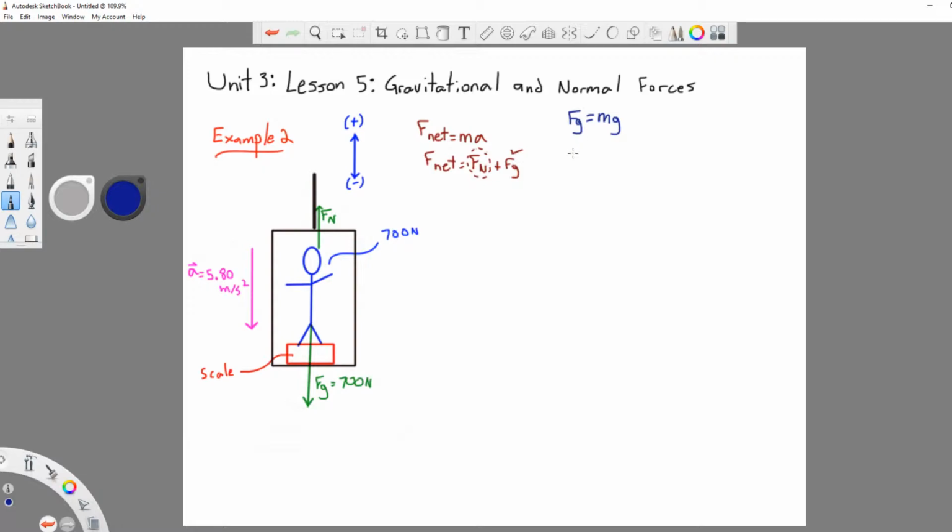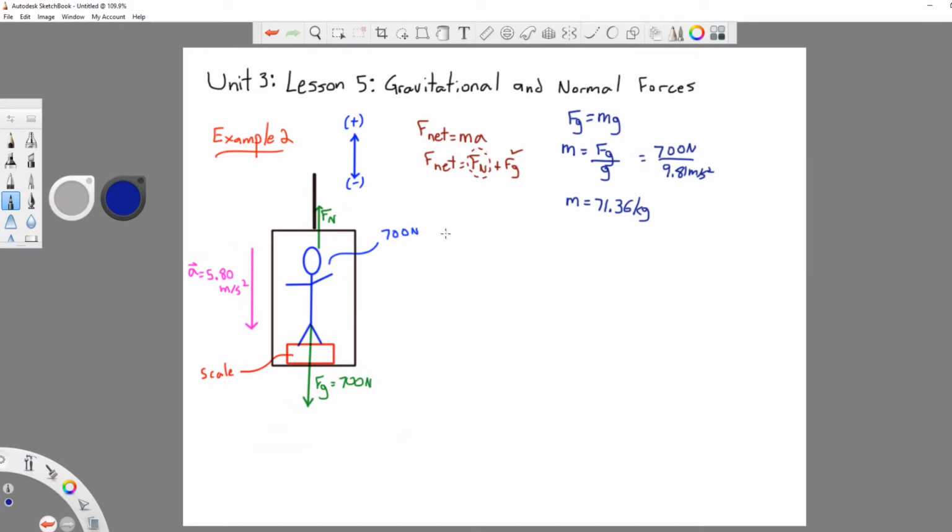And we are going to solve for the mass of this person. So mass is equal to force of gravity over little g. Plug some numbers in there: 700 newtons divided by 9.81 meters per second squared, and we end up getting a mass of this person equaling 71.36 kilos.